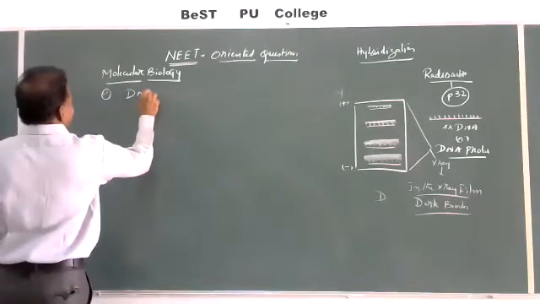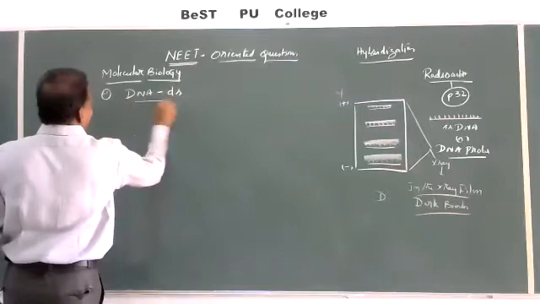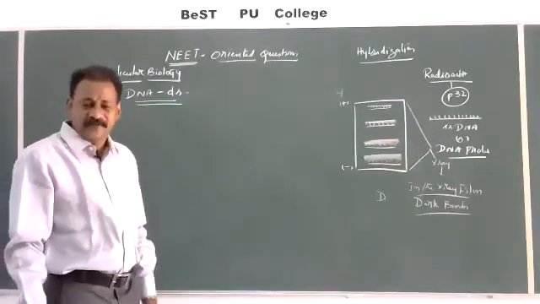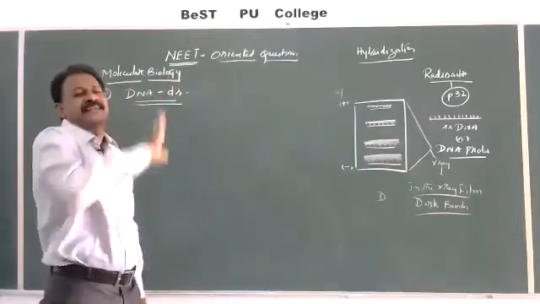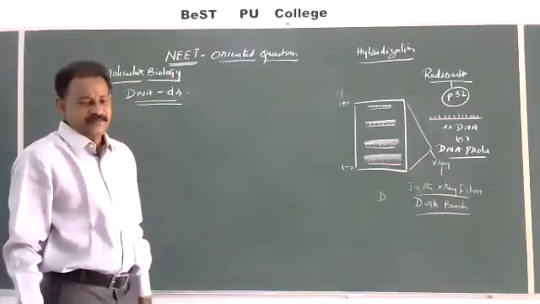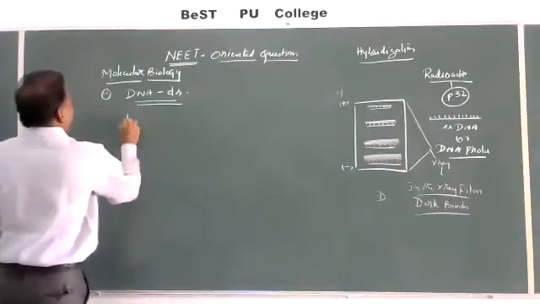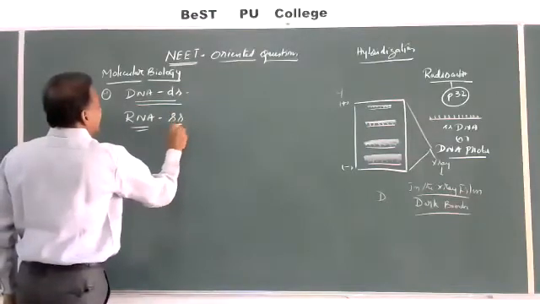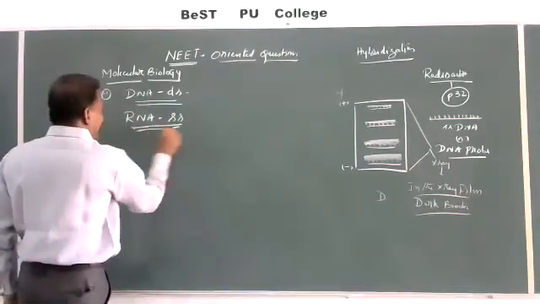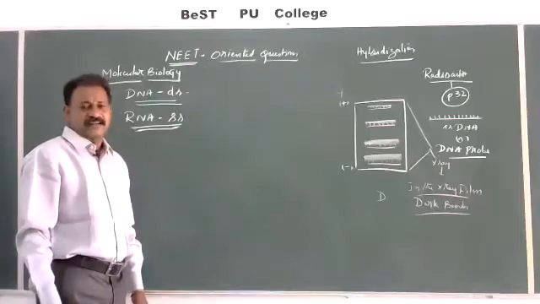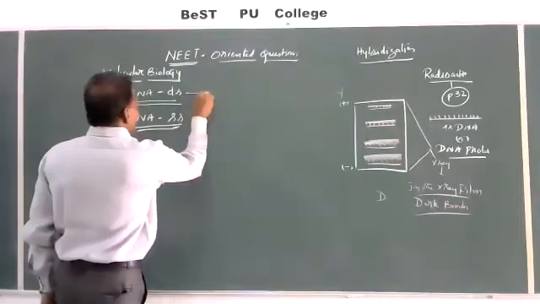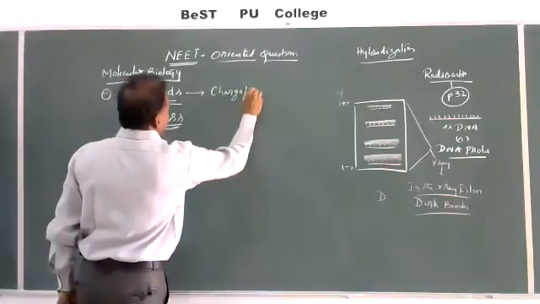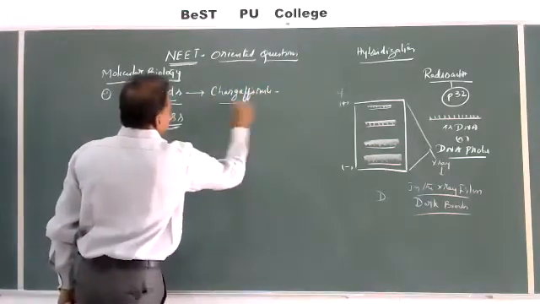DNA is double stranded, mostly in maximum, rarely single stranded DNA is present. And second point, RNA is single stranded, mostly, very rarely double stranded RNA. So in DNA double strand, Chargaff's rule exists.